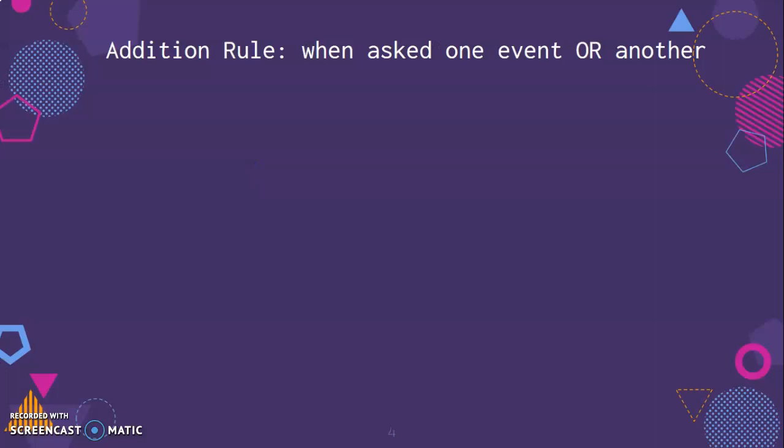Okay, now we're going to switch gears, and we're talking about intersections and kind of and. Now we're going to say or. And remember, or is that union, the big U. The addition rule is when one event or another, we're asked whether the probability of one or another.